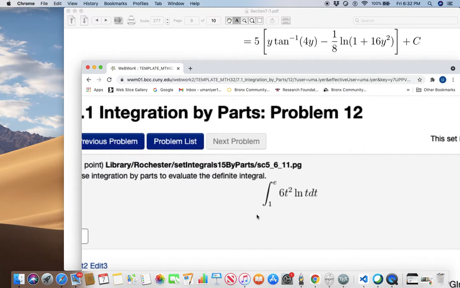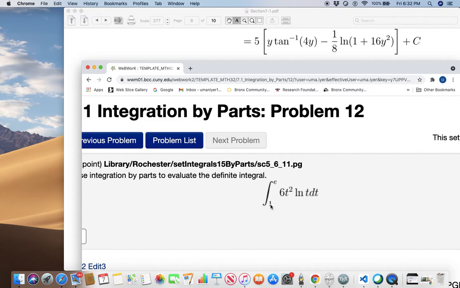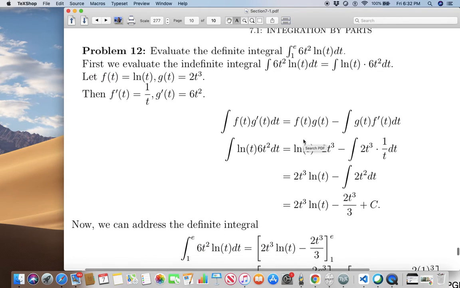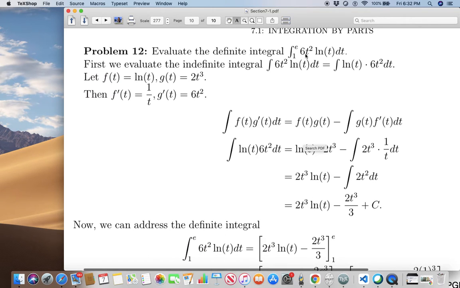Last, you want a definite integral, the integral from 1 to e of 6t squared natural log of t. For that we first need to evaluate the indefinite integral of 6t squared natural log of t.